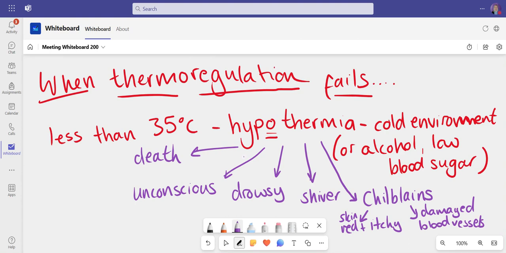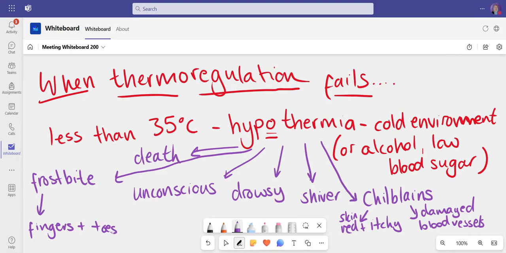Right, another thing that you might get is frostbite. Now, if you get frostbite, it's usually your extremities, so your fingers and toes that get affected. Effectively they freeze and they get destroyed. So the tissue's destroyed. It can damage your nerves permanently, and often you have to actually have your fingers and toes amputated.